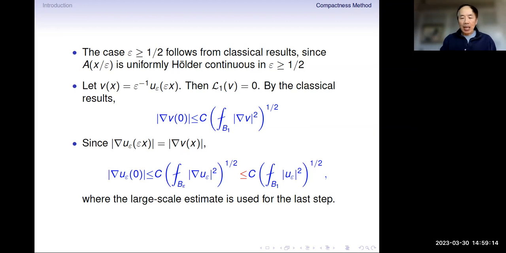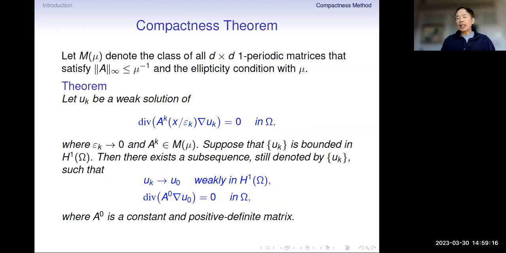All right, so let's talk about the compactness. How do we prove the large scale estimate? To talk about the compactness, we first have to talk about the compactness of solutions within some class.